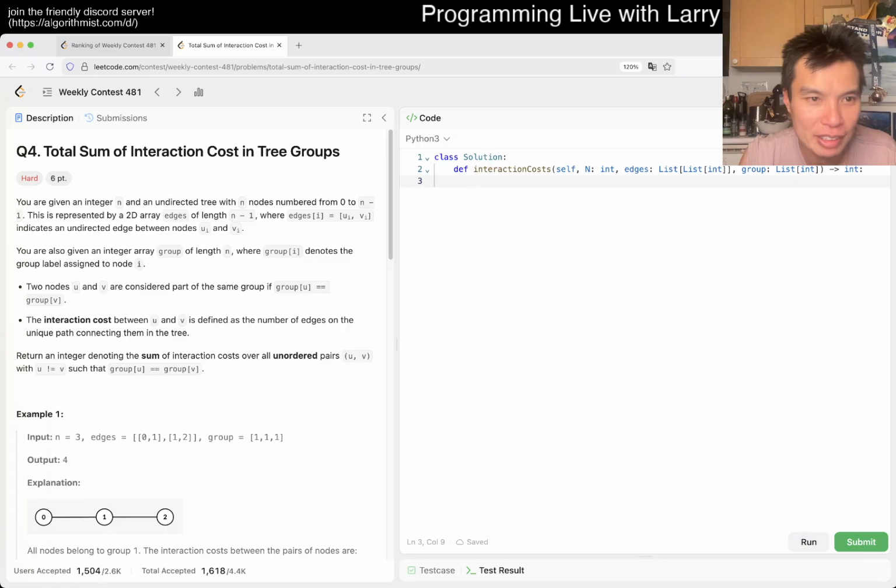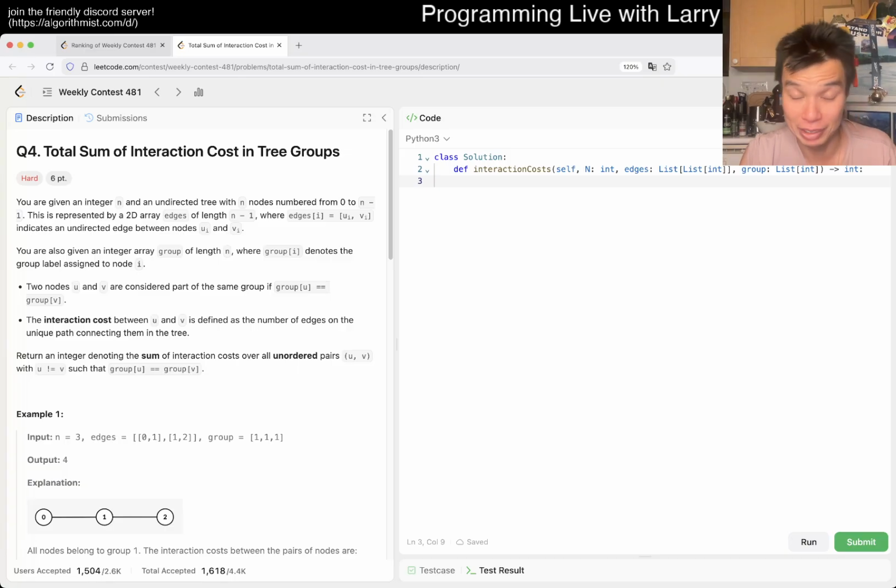You have a tree, undirected, nodes, edges. Group.